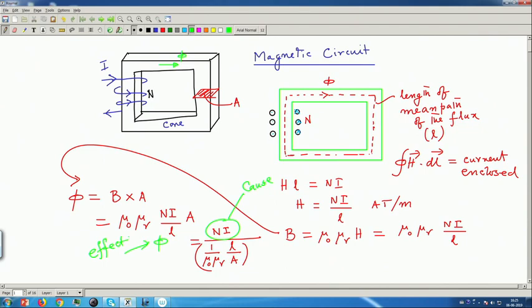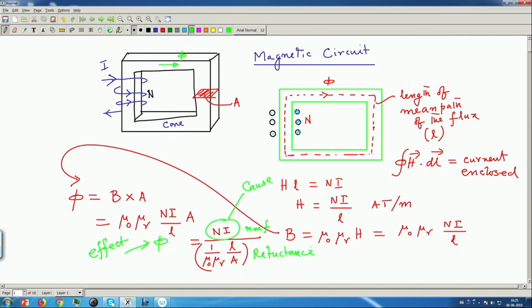Is it not? I have supplied an MMF, and this magnetic circuit returns a flux phi. And how to calculate that flux? MMF, this is called MMF, and this is called reluctance.